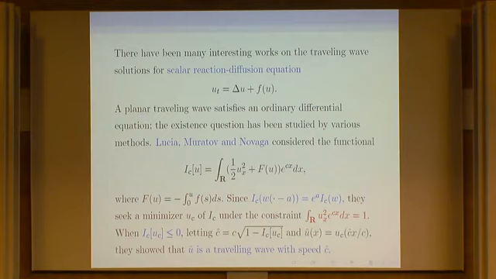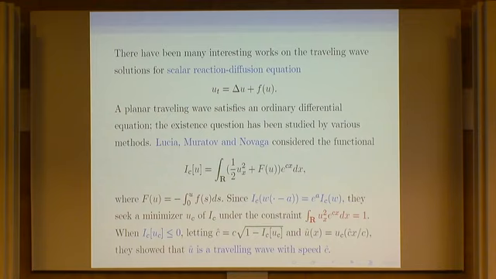So what they did was, you pick any C, as long as you can find a function U of C which is a minimizer of I C. As long as you can prove that the minimizer U C of I C is non-positive, then you can find a traveling wave, because you can just rescale to get U hat and C hat, and C hat is the speed.